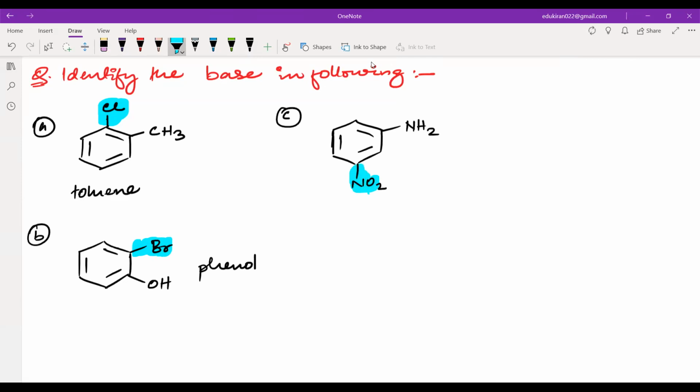So if I remove this NO2, then this will be aniline.